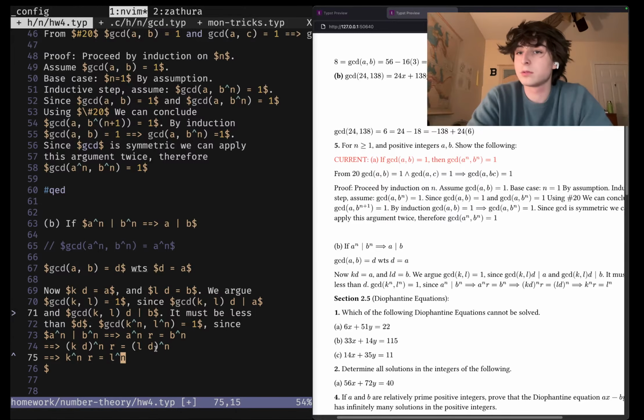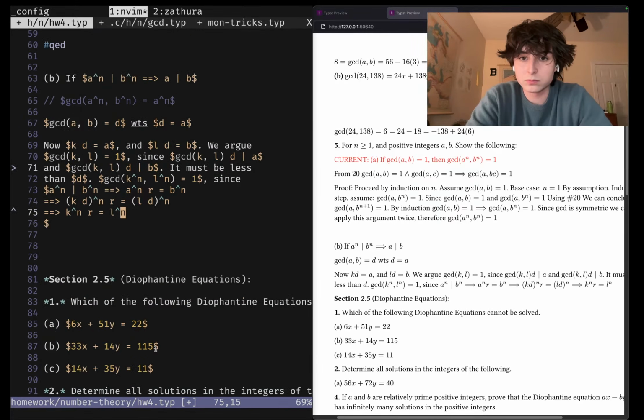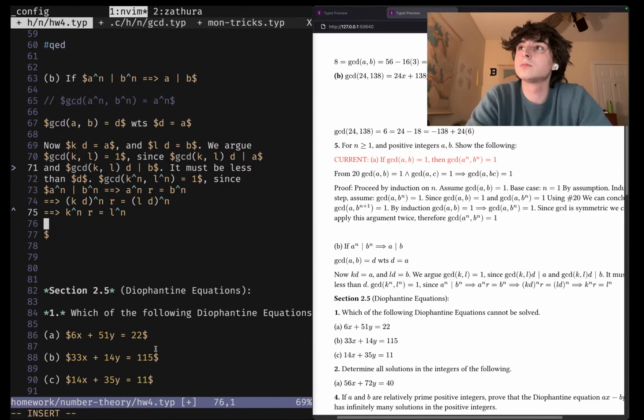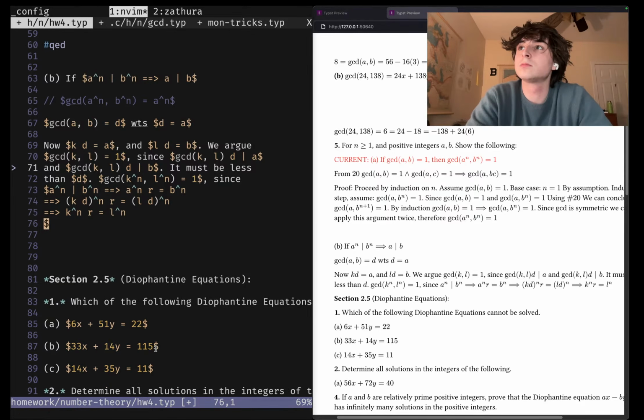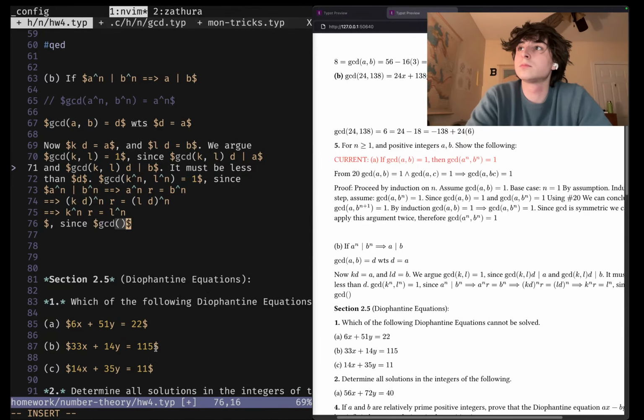So what you've written means k to the n divides L to the n, but we know that their GCD is 1. Their GCD also has to be equal to simply k to the n, because k to the n divides L to the n. So k to the n has to be equal to 1.